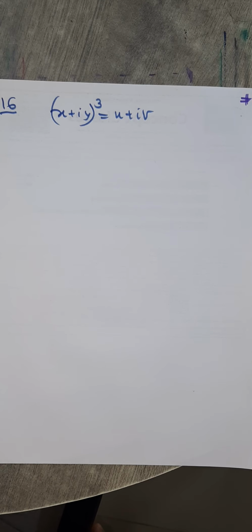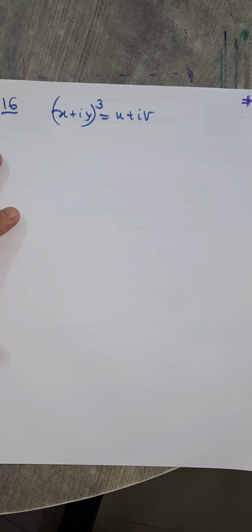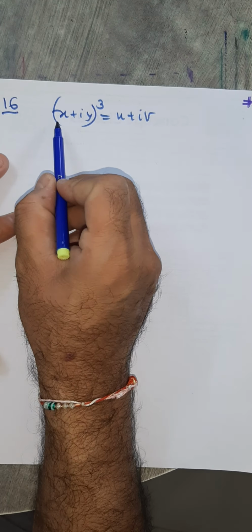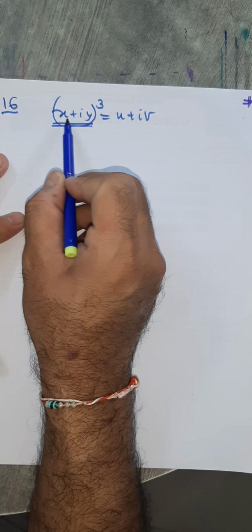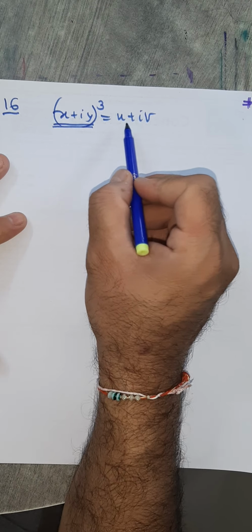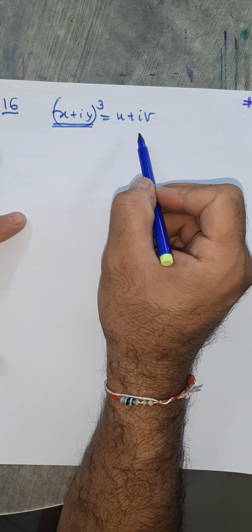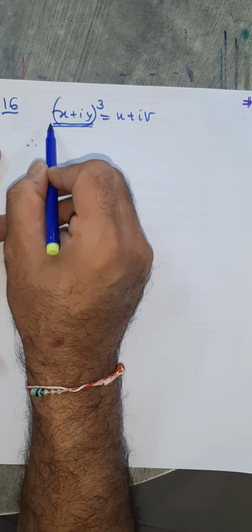Question number 16 here. You are given (x + iy)³ = u + iv. Here what we do is we just express this in x + iy form. This is already in x + iy form. So I'll expand this.